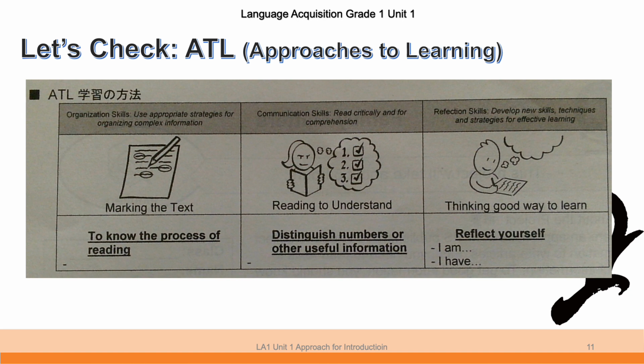When you read the text to understand, you will use 2 ATL, number 1 and number 2. After each activity, you will use number 3 ATL for reflection. I repeat, ATL is very useful for the assessment. Please check them.